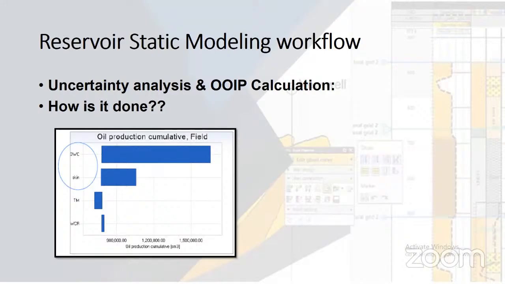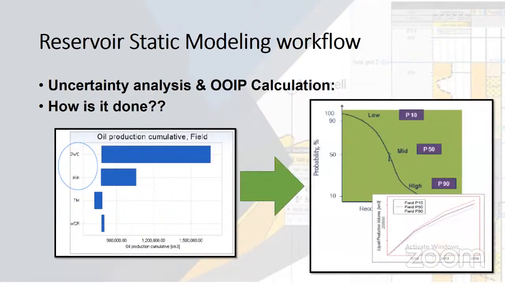This kind of analysis is called sensitivity analysis. Sensitivity analysis means identifying the factors that greatly affect the result that you are analyzing. Then you will assume a range for these parameters and calculate the oil in place. So at the end, you will have three cases.